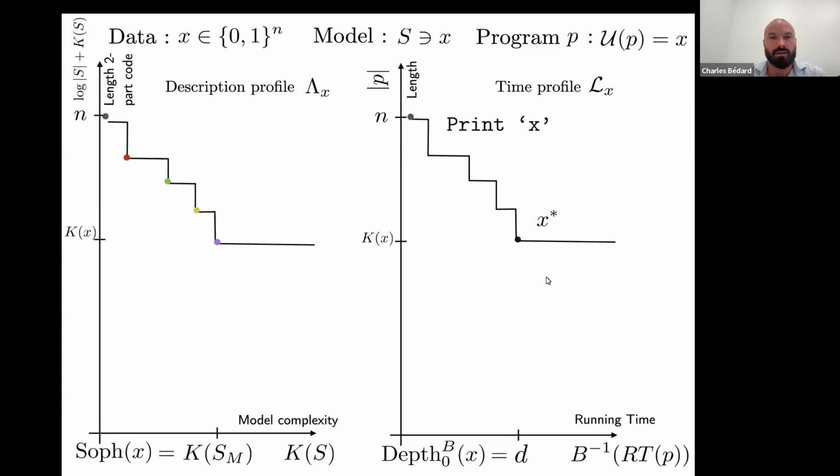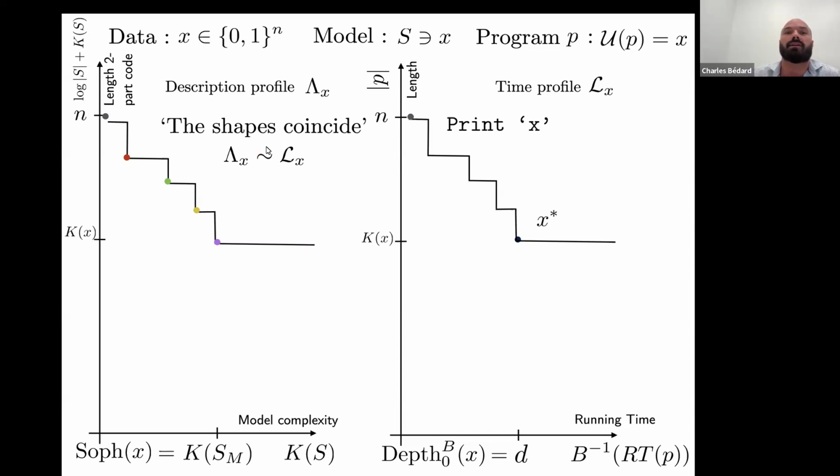What amazed me was to find out that these two curves, the description profile coming from the algorithmic statistics and the time profile coming from the logical depth in the busy beaver regime, are in fact, the shapes coincide up to logarithmic resolution.